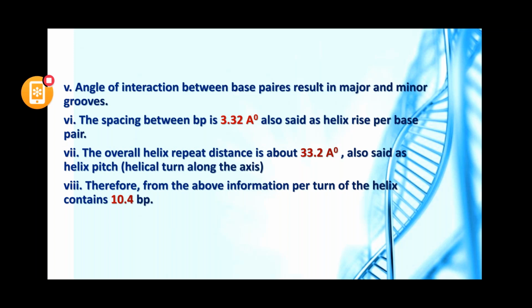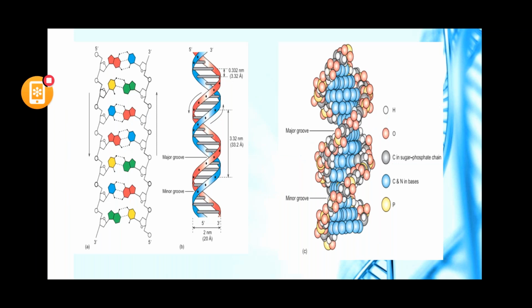Therefore, from the above two pieces of information, you can calculate that one turn of the helix consists of 10.4 base pairs, meaning 20 nucleotides in both strands. Okay, so you can see in the figure, figure A shows the anti-parallel nature of the two strands.